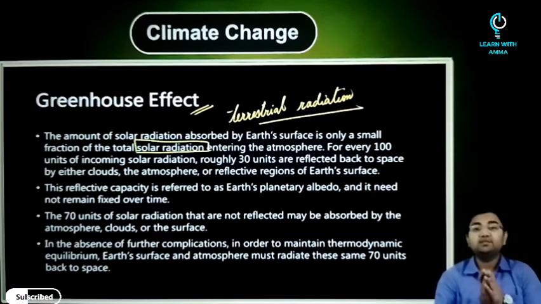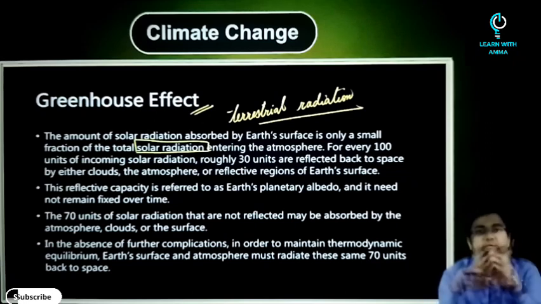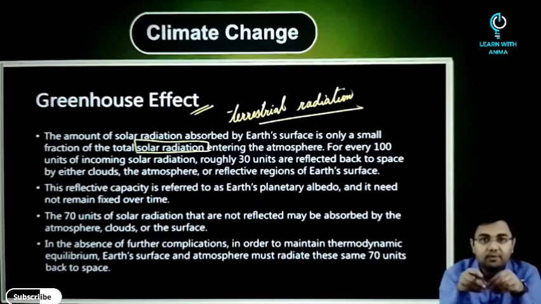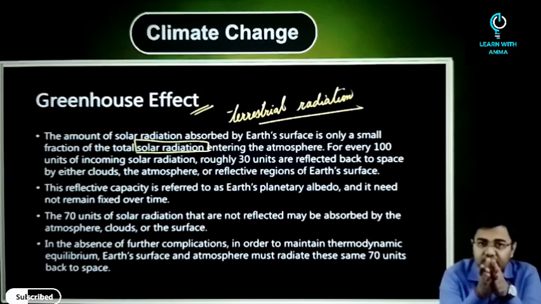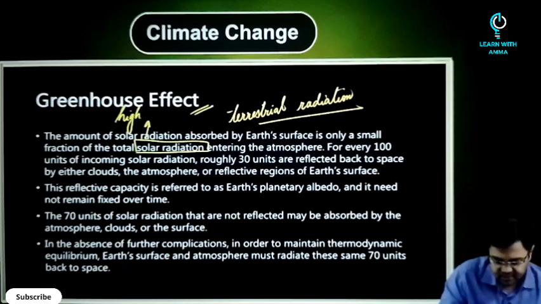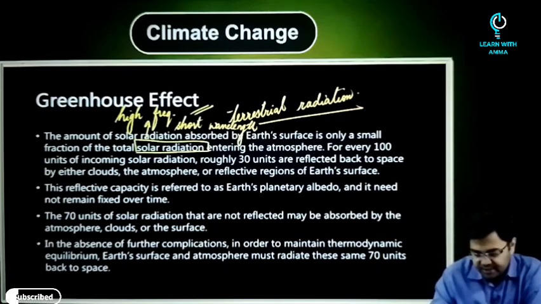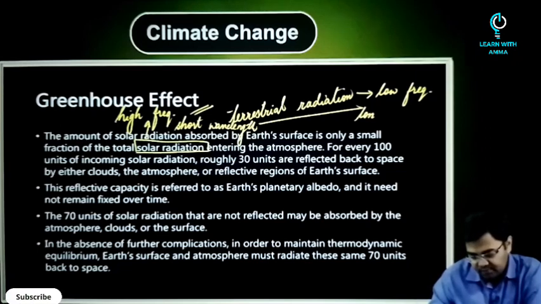Normally, solar radiations are short wave. What do we mean by short wave? We mean that the radiation coming from the sun has a very high frequency and a very short wavelength. And terrestrial radiation has lower frequency and long wavelength.